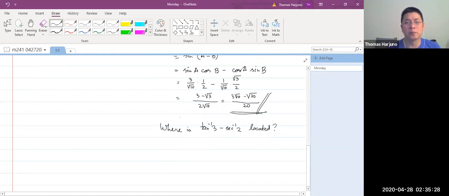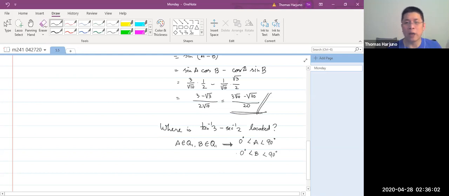Here's the thing. We know A, because tangent inverse 3 has to be in quadrant 1, right? So A must be in quadrant 1. Likewise, B is also in quadrant 1. Basically, A is between 0 degrees and 90 degrees. B will be from 0 degrees to 90 degrees.